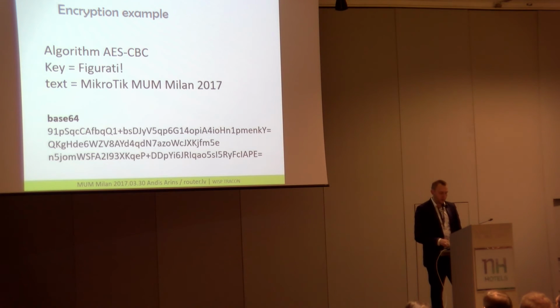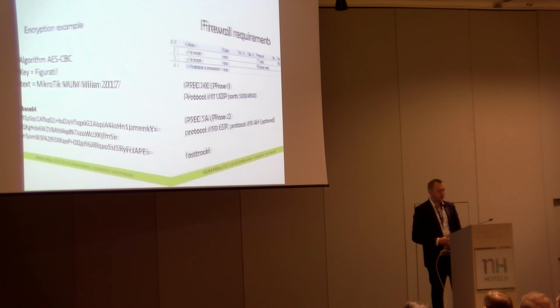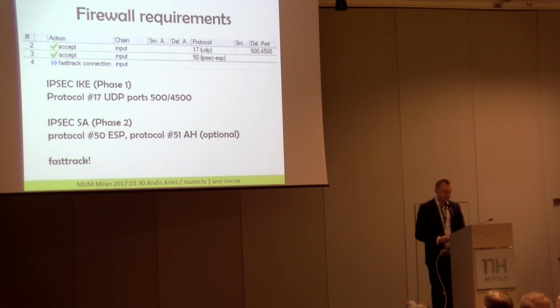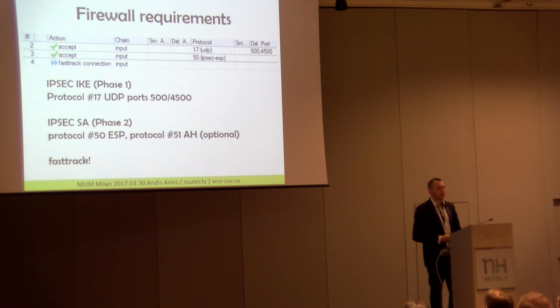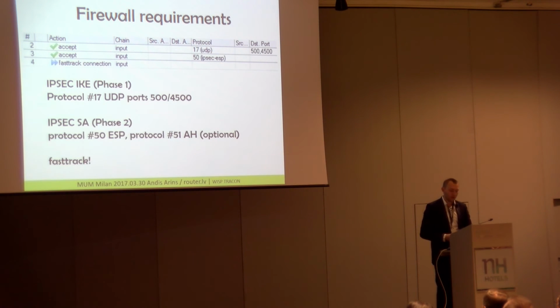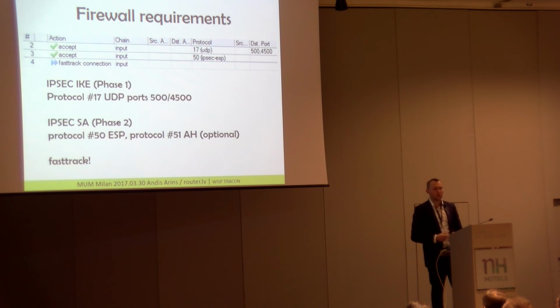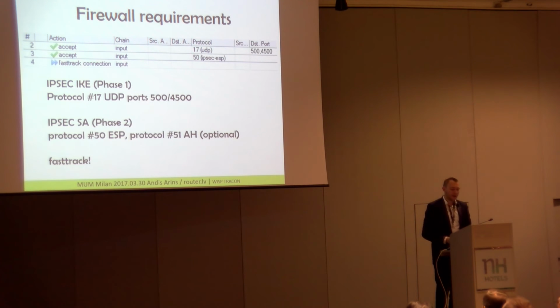A few words also about firewall requirements. As I said, the quickset did nothing with the firewall. So if in the firewall you were discarding either any new packets or any unknown packets, this VPN implementation wouldn't work. Here are 2 things what's necessary. For phase 1, UDP ports 500 and 4500, you could change them, at least 500 in IKE parts, so it's phase 1.